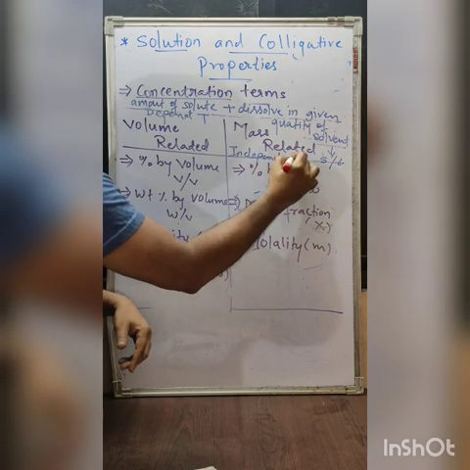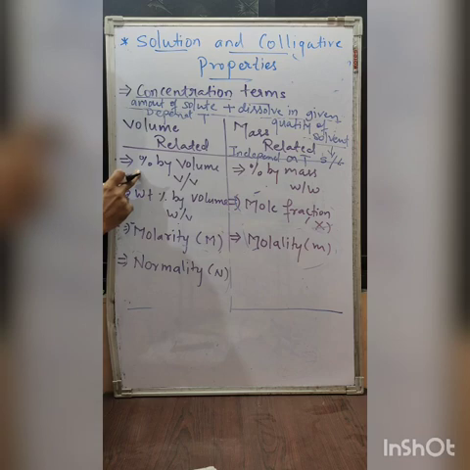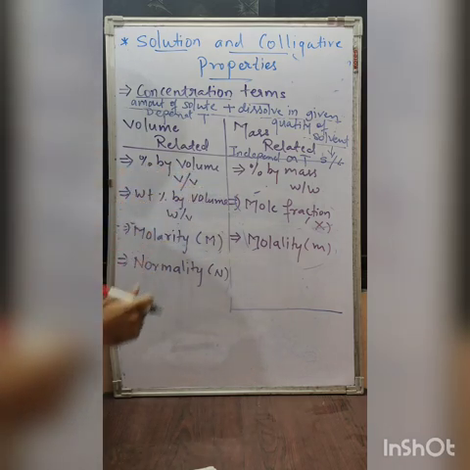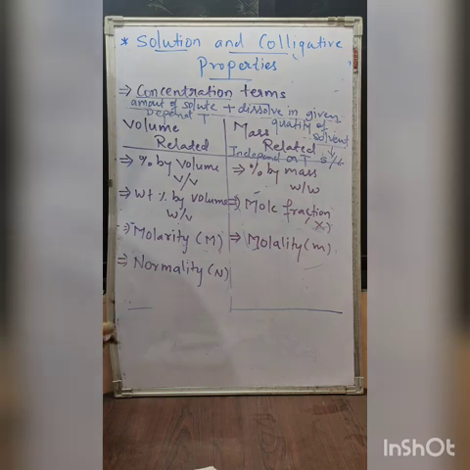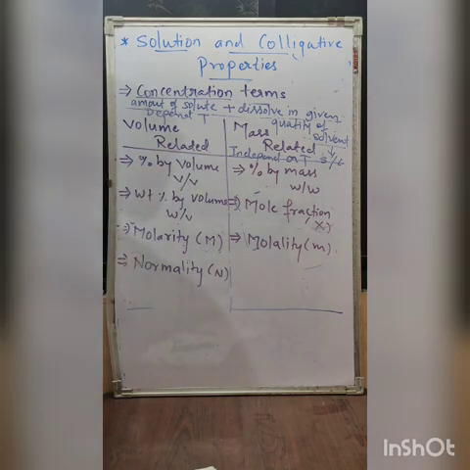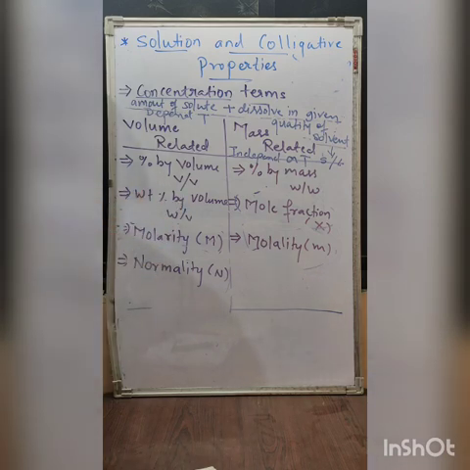So volume related are percentage by volume, that is V by V, weight percentage by volume, that is W by V, molarity, which is denoted by the capital M, normality, which is denoted by N. In mass related, that is percentage by mass, that is W by W, mole fraction X, and molality, which is denoted by the small m.